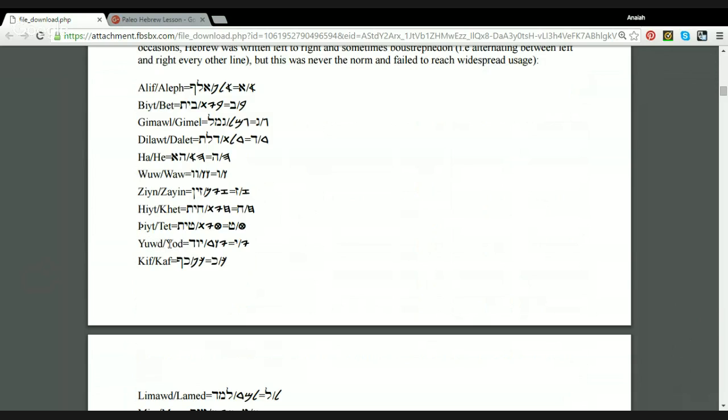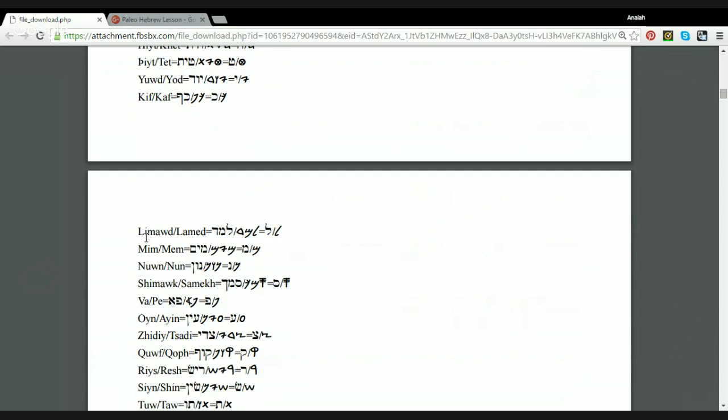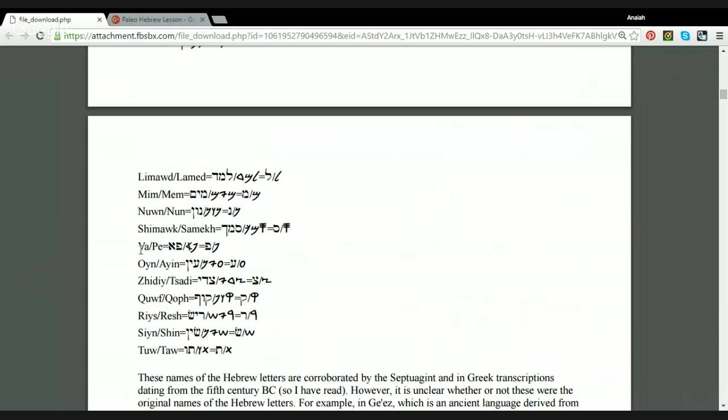Here's yud, they say yod. I say kif, they say kaf. Here is limad, they say lamed. Then mim versus mem. I say noon, they say noon as well. And then I say shemak, they say samek. Then I say va, they say hey.